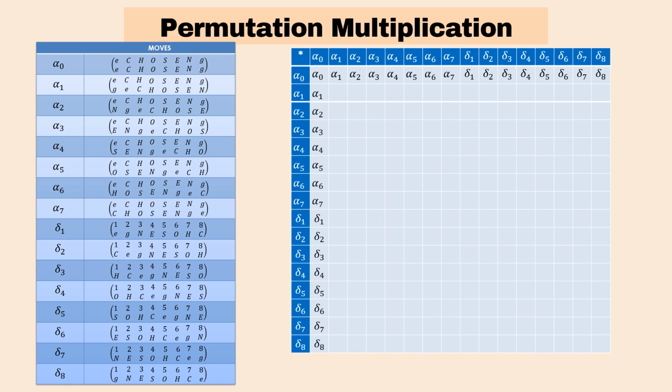And upon performing, we could get this column. Upon performing alpha sub 1, alpha sub 0, alpha sub 2, alpha sub 0, and so on, because alpha sub 0 is the identity element, the result will be itself. This table shows that the identity element exists and it is alpha sub 0.